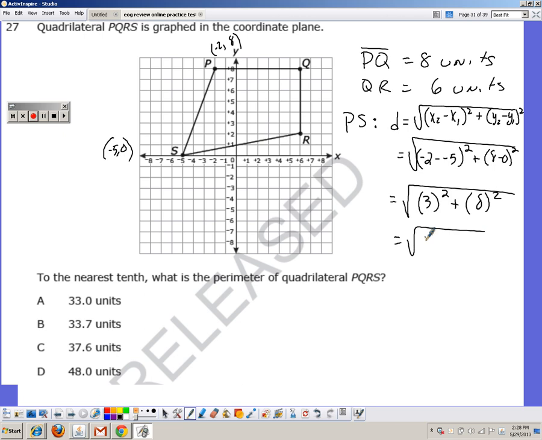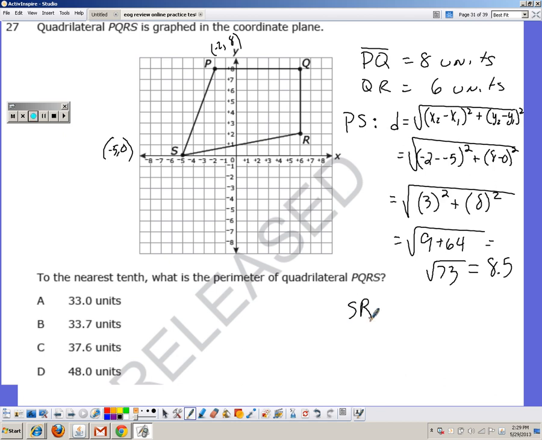That gives us 9 plus 64. And again, you will have a calculator on this part of the test. So the square root of 73 equals 8.5 approximately.